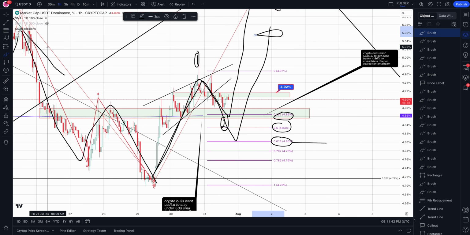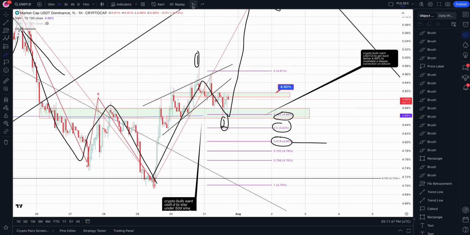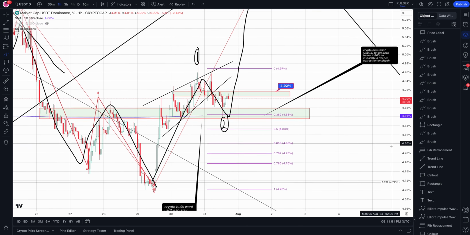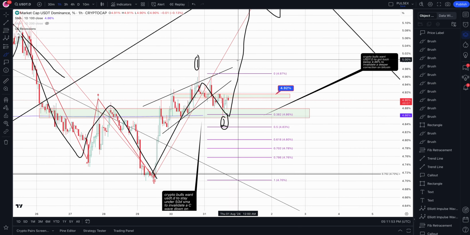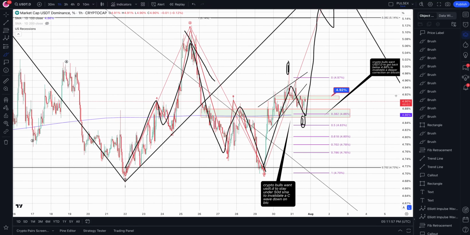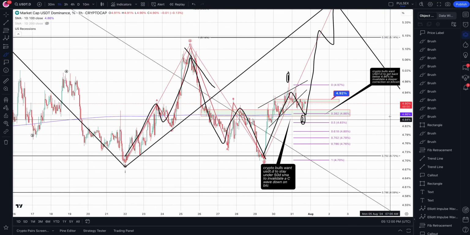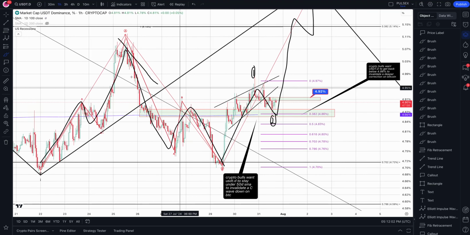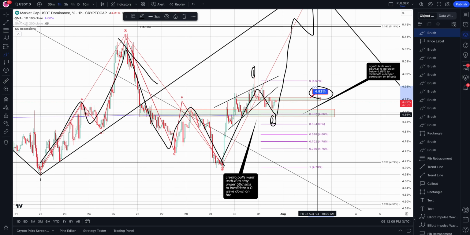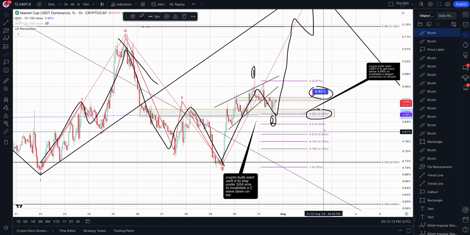Okay, so just remember that Bitcoin moves the exact opposite to that of USDT dominance, and you'll see the importance of this chart. I think it's very important. In order to invalidate that deeper C wave to the upside, crypto bulls would want USDT dominance to, number 1, stay below 4.92% and get below 4.86% and then eventually 4.8.